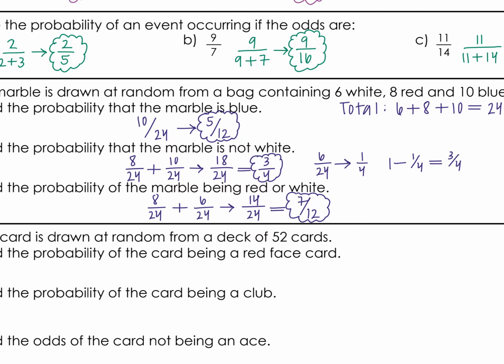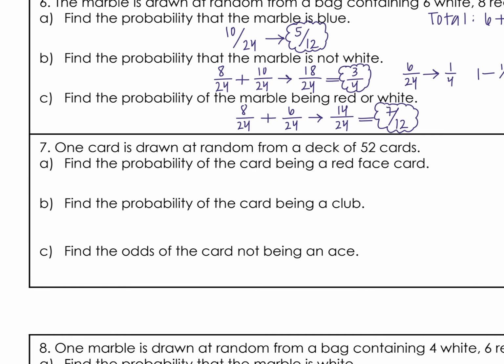All right, so moving into our last problem on the front side, we have 1 card drawn at random from a deck of 52 cards. We are asked to find the probability of the card being a red face card. In order for it to be a red face card, it could be a diamond or it could be a heart.